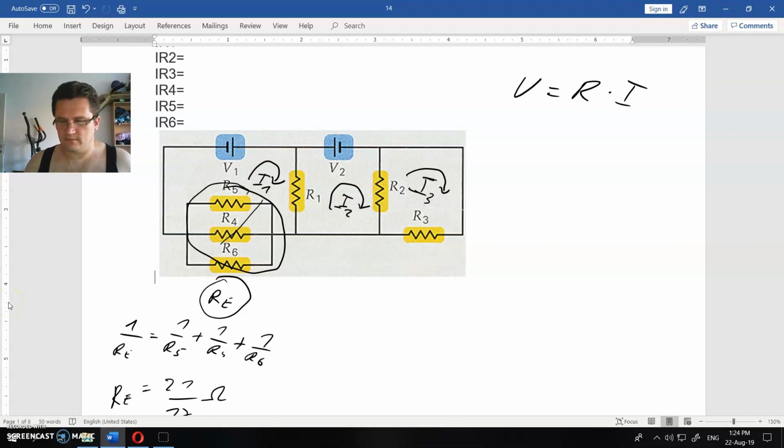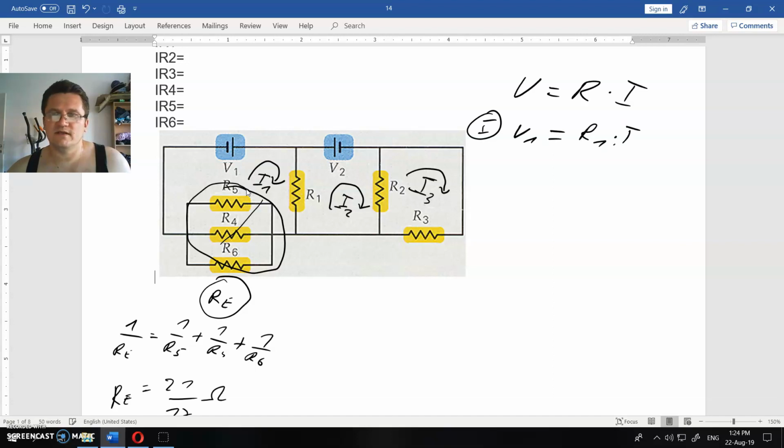Here is the first contour, the second contour, and the third contour. For the first contour, we will write it as simply as this. V1, that is voltage, is equal to R1 times E1. This is this current and that resistance.